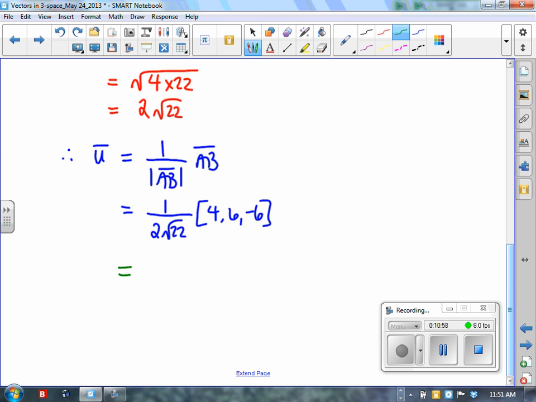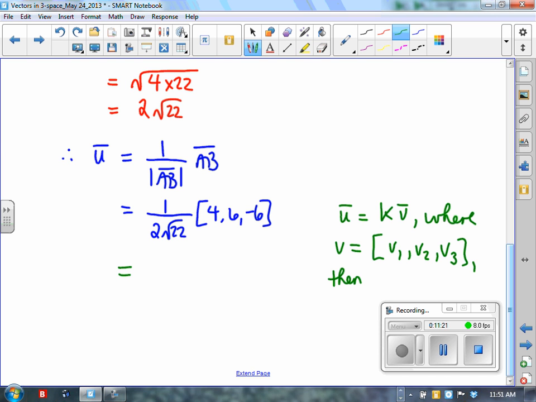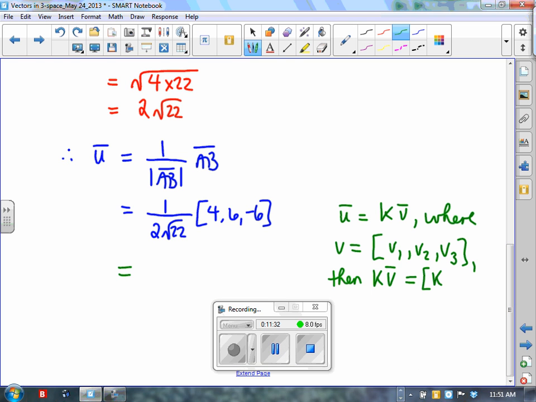Do recall that if you have a particular representation, say u is equal to kv, where v would happen to be, in general, v1, v2, v3, then kv is also going to be equal to kv1, kv2, followed by kv3.